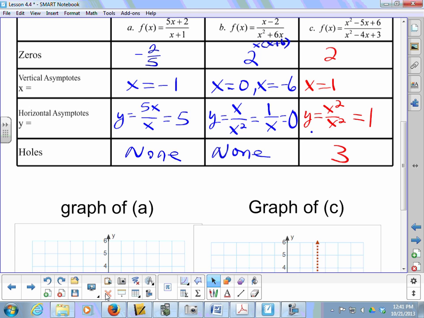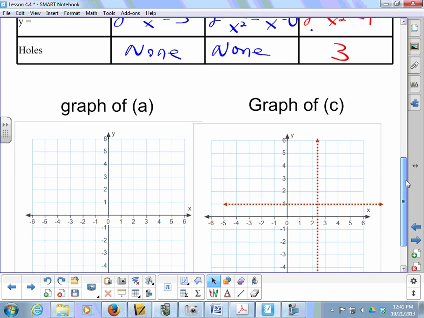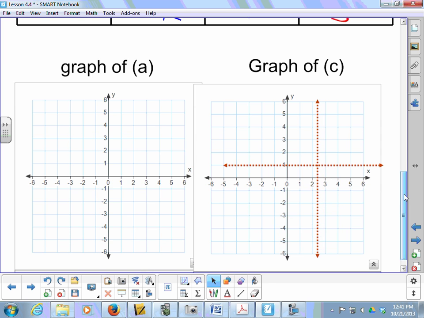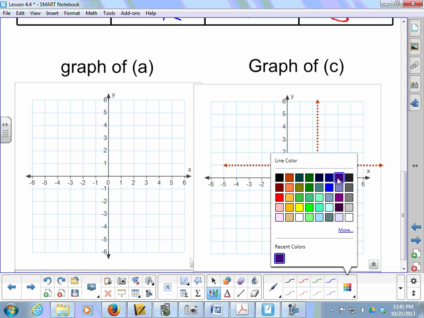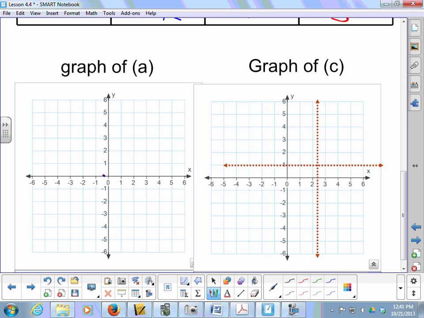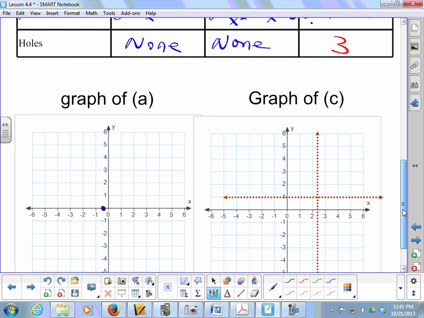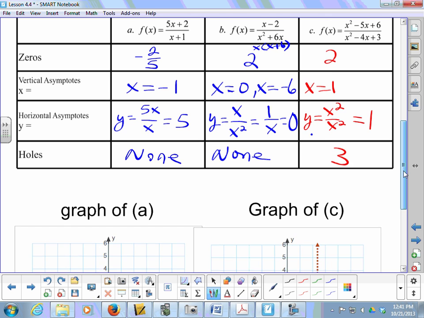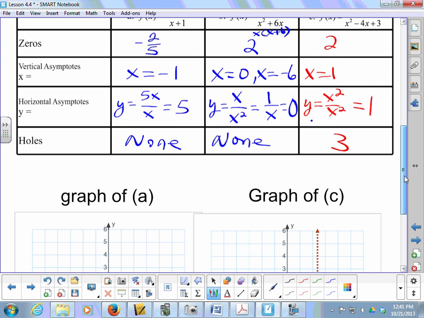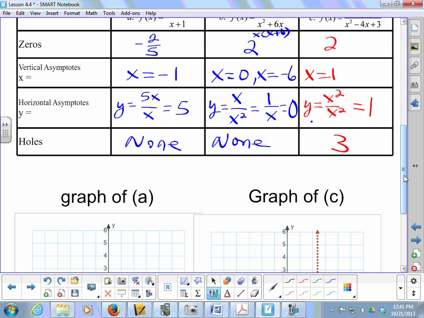First of all, I've got a 0 at negative 2/5, so I'm going to mark that spot on my graph. Negative 2/5 about here. It's equal to 0. Says I have a vertical asymptote at negative 1, horizontal asymptote at positive 5.